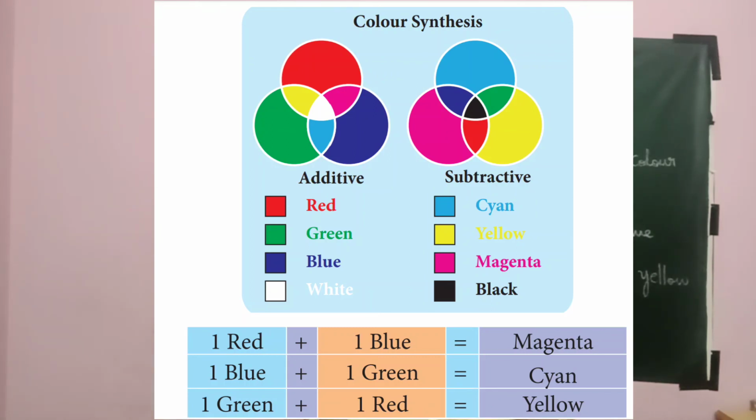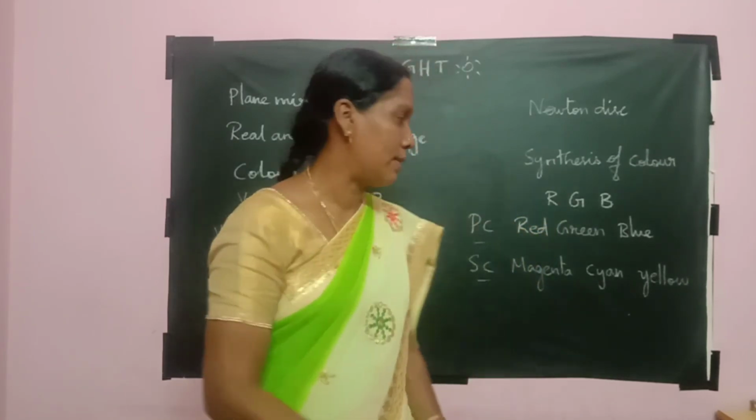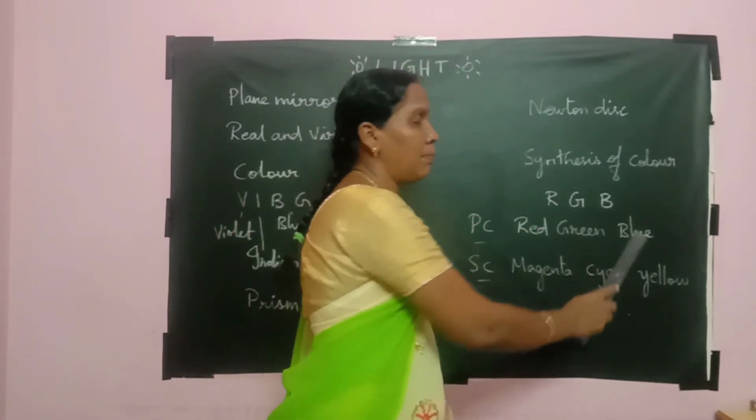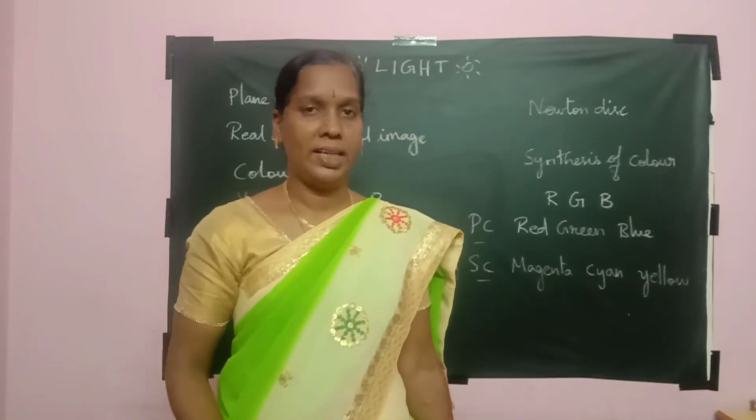Equal proportions of 2 primary colors create a secondary color. Magenta, cyan and yellow are called secondary colors. For example, 1 red plus 1 blue gives magenta, 1 blue plus 1 green gives cyan, 1 green plus 1 red is equal to yellow. Equal proportions of these 3 primary colors, that is red, green and blue, when combined together will form white color.